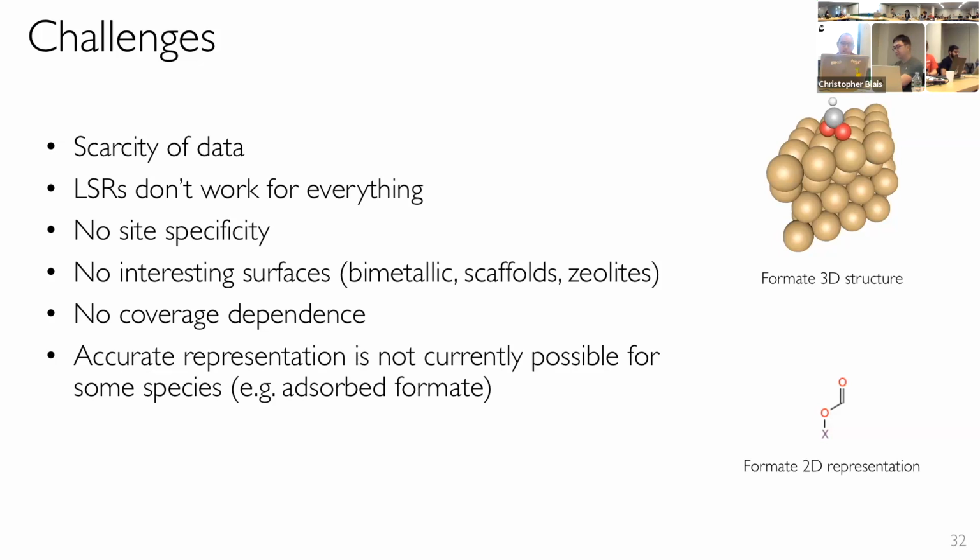We don't have too many more complex or interesting surfaces, like bimetallics, scaffolds, zeolites. No coverage dependent thermo. And also, some of our species representations aren't quite exactly what's going on on the surface.